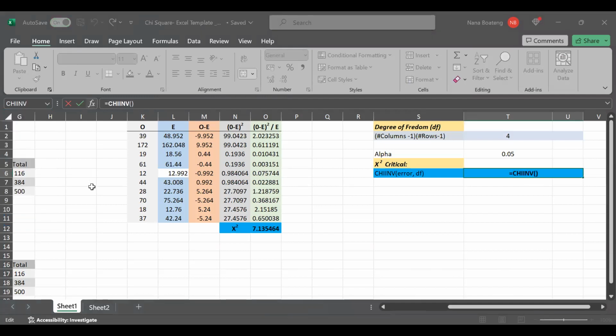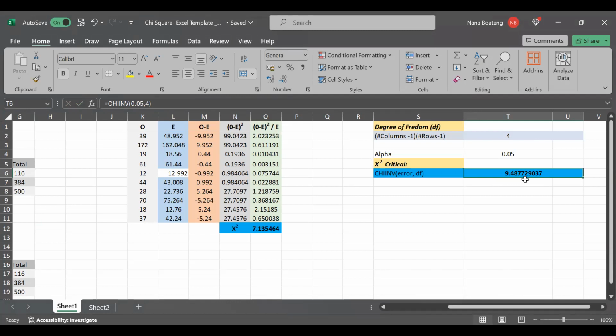Okay, so this dialog box comes, and our probability is 0.05, and our degree of freedom is 4. Okay, so that gives us 9.49 approximately.